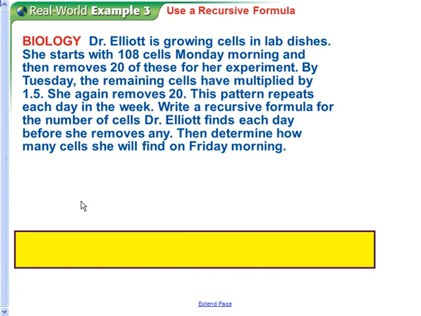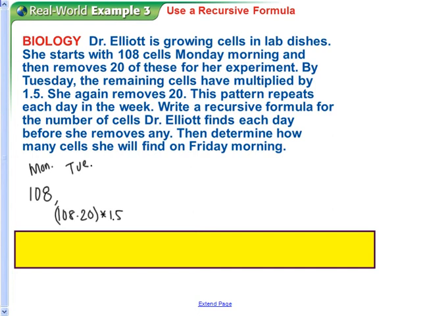Okay, so let's do our pattern here. So this is Monday in the morning. We have 108 cells here. To figure out what she's going to have left on Tuesday, we have to subtract 20, and then take that answer times 1.5.